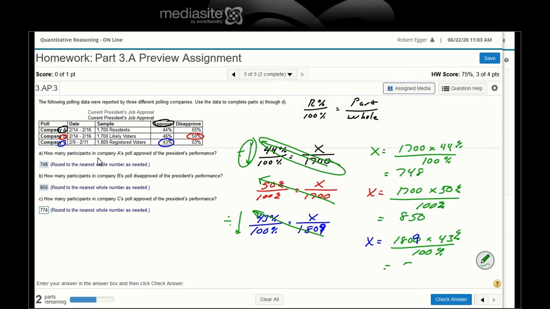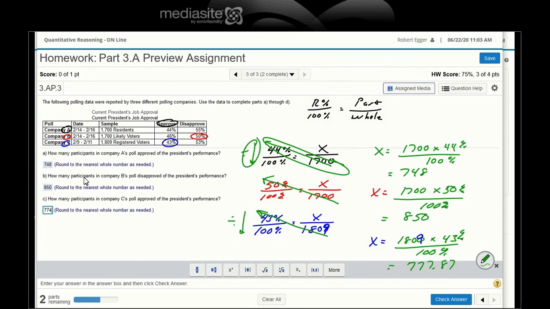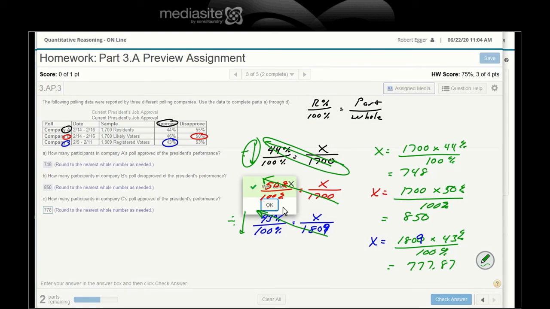And that is 777.87. And we can't have a fractional person, so let's make that 778. There we go.